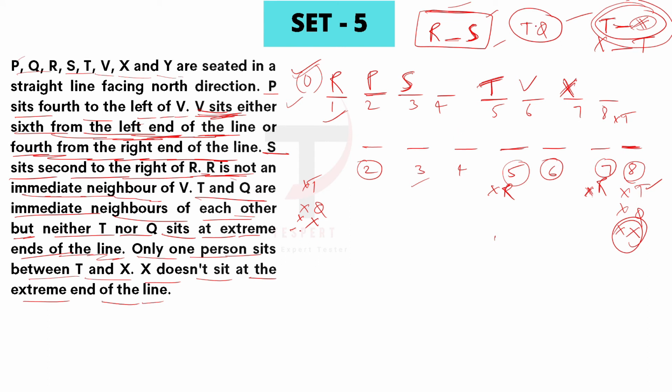Since t and q must come together, if t is at 5, q must be at 4, and the only alphabet left is y. So y will take the 8th position. The final arrangement is: R, P, S, Q, T, V, X and Y.